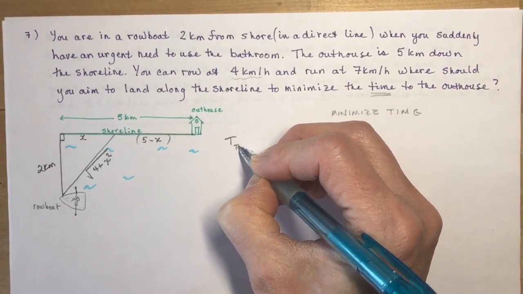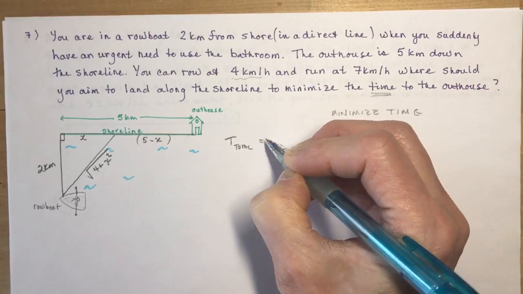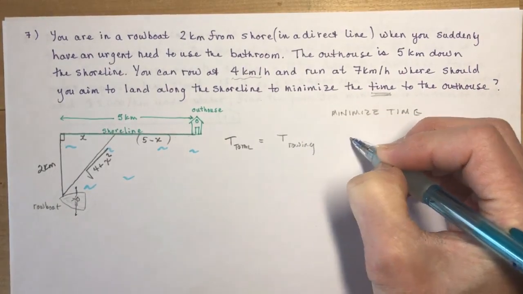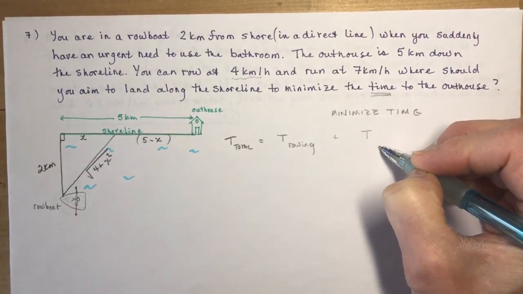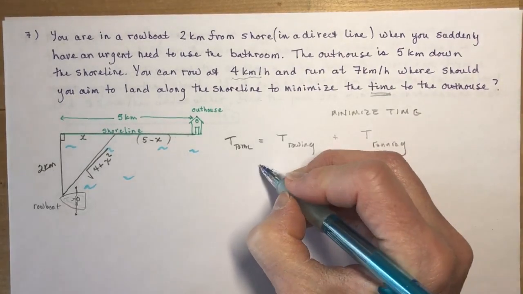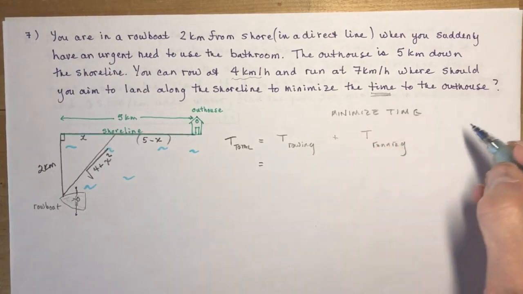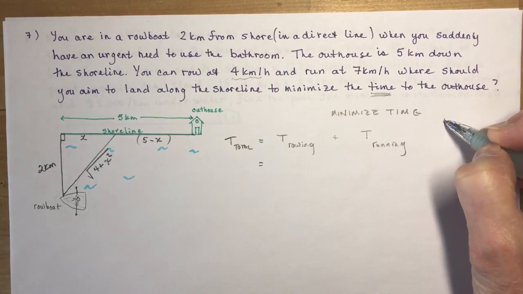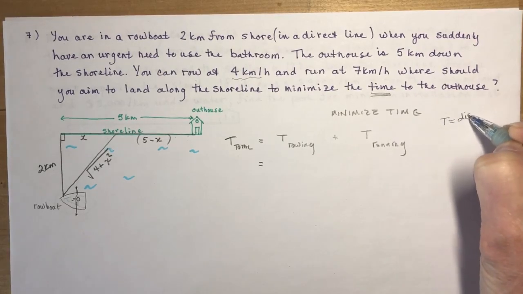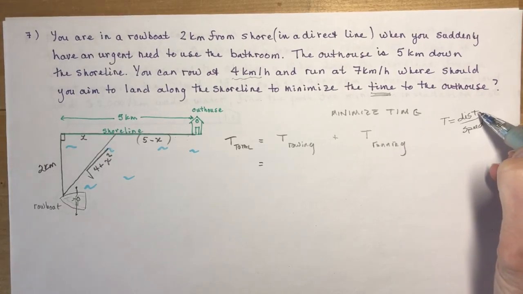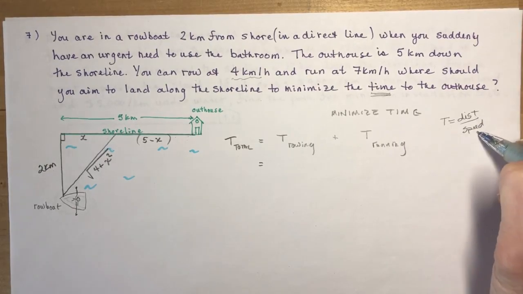So total time is going to be time rowing, or time on the water, plus time running. Okay, so what is the time rowing? So you know that distance divided by speed gives you time, right? I went 400 kilometers at 100 kilometers an hour.